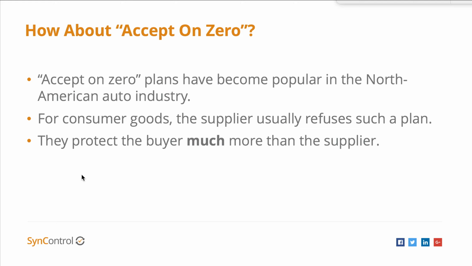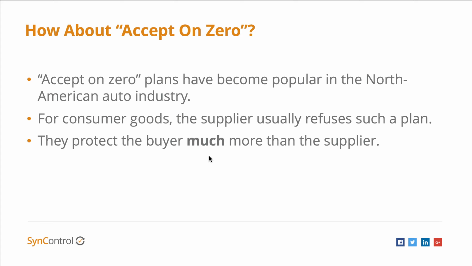Now, there's something that comes up from time to time. It's the concept of acceptance on zero. What does it mean? It means that the buyer says, as soon as I find one defect, the whole thing is rejected. It's relatively frequent in the auto industry and in some other verticals where the buyer can really not tolerate many defects, okay?